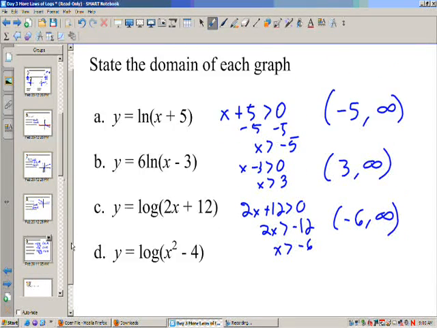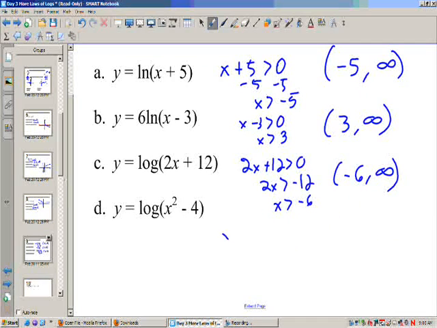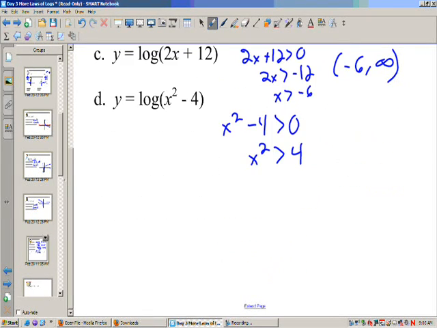And now the toughest one so far, the one that changes up a little bit, x squared minus 4 has to be greater than 0. So I add 4 to both sides. And now I square root both sides. Now square rooting really throws things for a loop. If this is positive, I don't think you guys have probably ever seen this before.